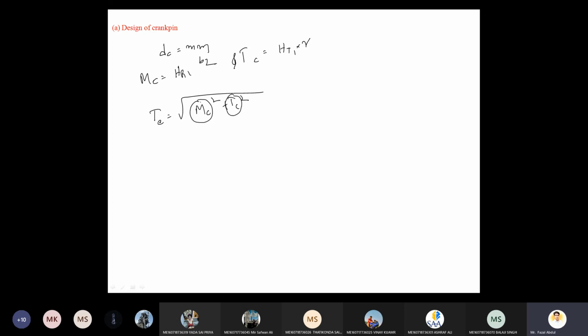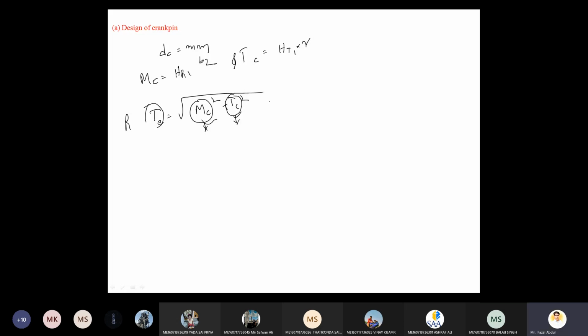If these two were of the same manner, I would select the resultant. Because the components are different, bending moment and twisting, the equivalent twisting moment I'm taking is the square root of MC square plus TC square.